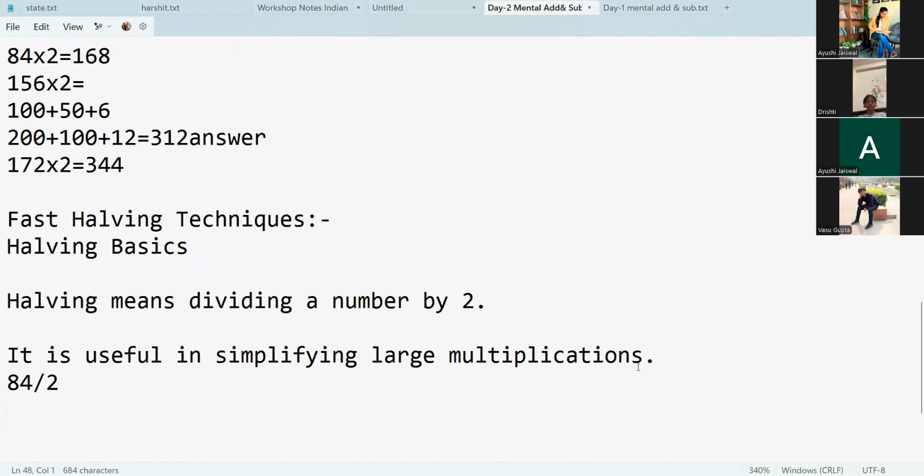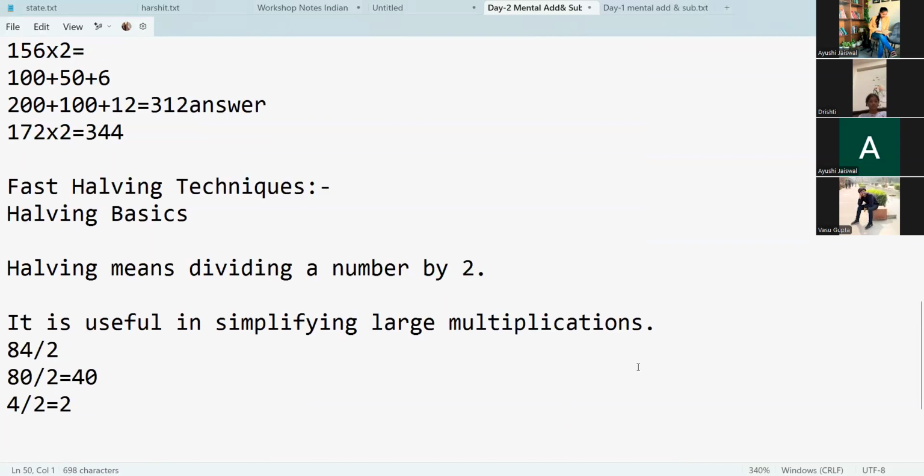First you solve 80 divided by 2, so the answer will be 40, and 4 divided by 2, so the answer will be 2. So the final answer is 40 plus 2, which equals 42. That is the answer. Clear?